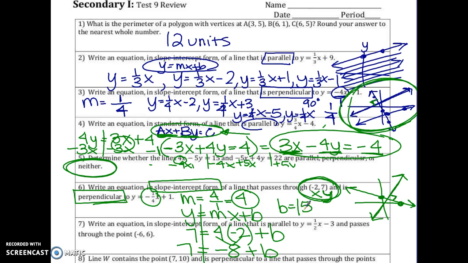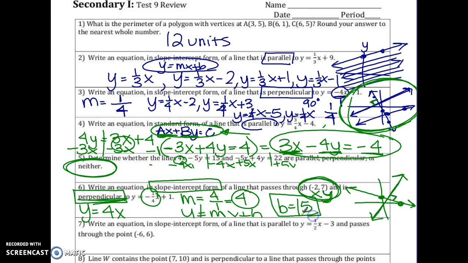So for this one, my equation is going to be y equals 4x. Again, this is the perpendicular equation. 4x that has plus 15 as the y-intercept.